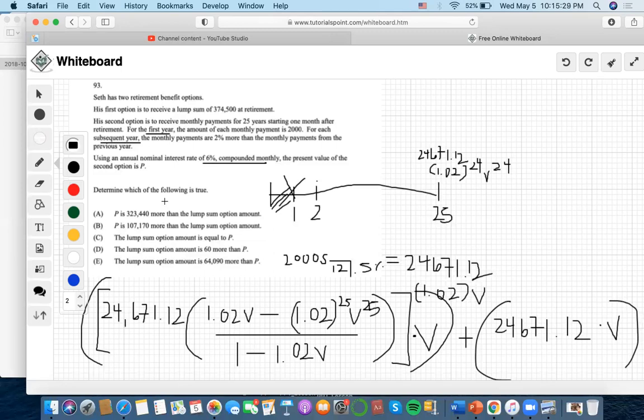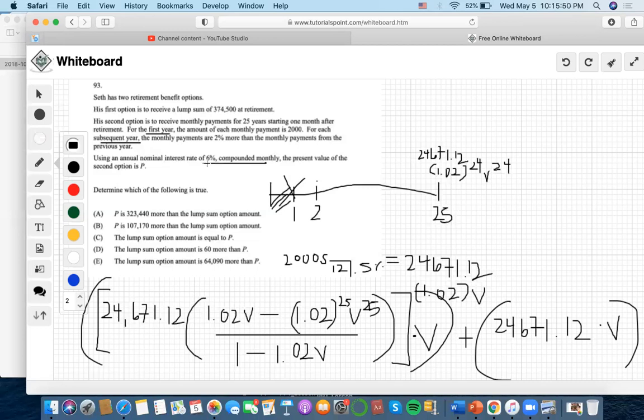Now the thing is that they're giving us 6% compounded monthly, but we've now compressed each monthly payment to fit into the end of each year, and we are discounting back the payments not monthly but annually.